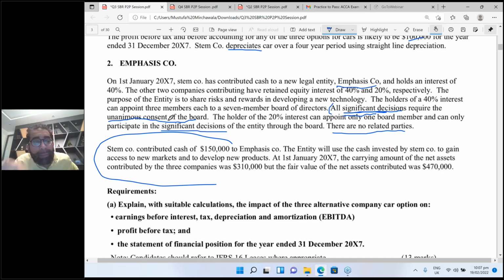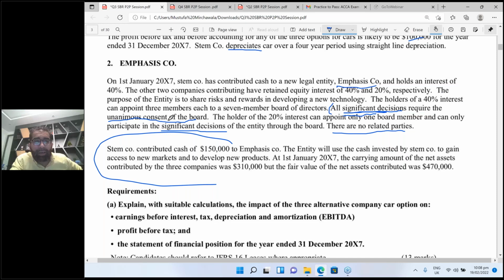So this 20% guy also has joint control, because if he says no, they cannot pass any major decision without his consent. In economic reality, legal holding does not matter. The real thing is decision making power. Unanimous consent is with the complete board, so this one board member can also stop things.